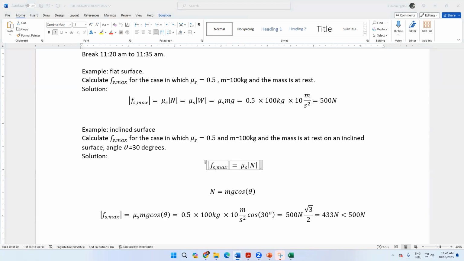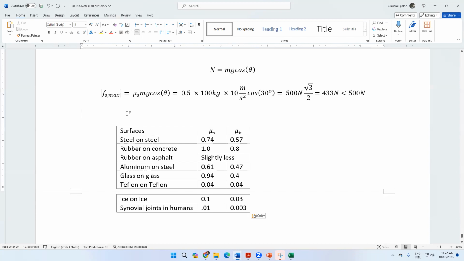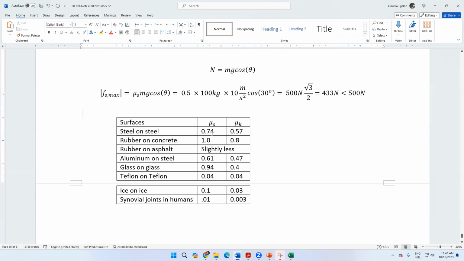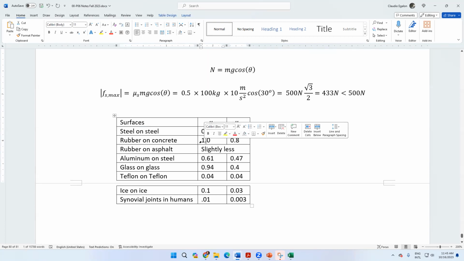I'm going to copy and paste the coefficient of static friction for some pairs of surfaces. Steel on steel is 0.74, rubber on concrete is 1.0, 0.8, and rubber on asphalt is slightly less. You can look up the exact number.